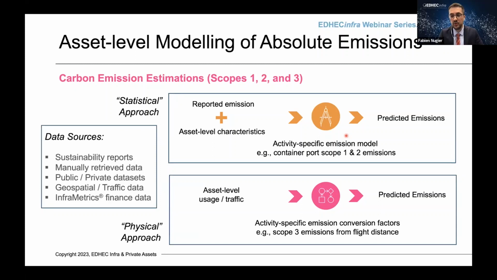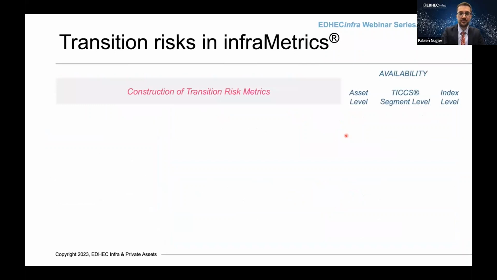And we build models on top of that to get emissions, and this involves theoretical considerations based on the literature. So this can be emission factors or capacity factors, etc., to estimate better the emissions. An example of this is Scope 3 emissions from flight distance data, in which you use some variables to estimate carbon, but you don't actually use reported emissions.